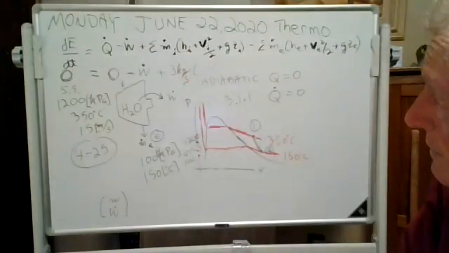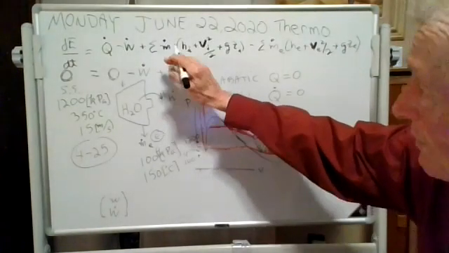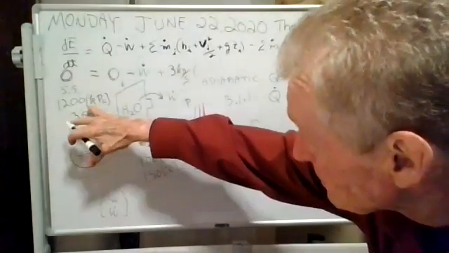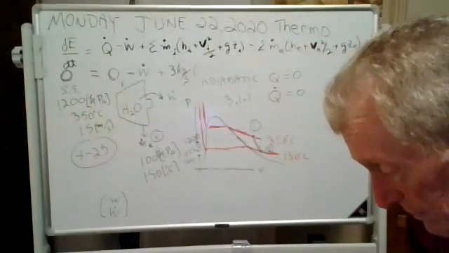Okay. And then we're going to look up the specific enthalpy at 1200 kilopascals, 350 C. So help me shop around.